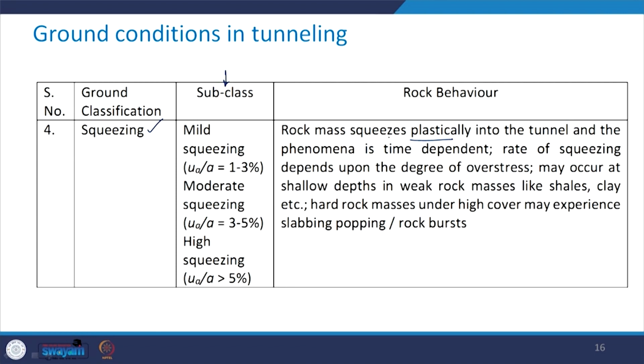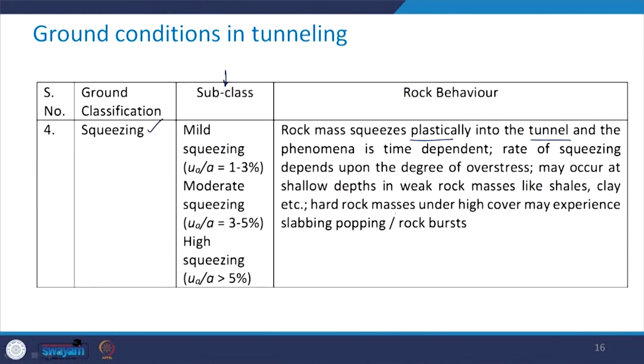It squeezes plastically into the tunnel, and this phenomenon is time dependent. The rate of squeezing depends upon the degree of overstress. It may occur at shallow depths in weak rock masses such as shales and clays. Hard rock masses under high cover may experience slabbing, popping or rock burst.